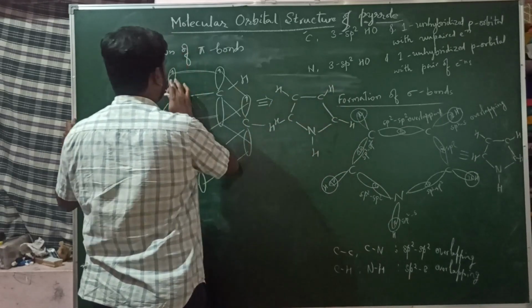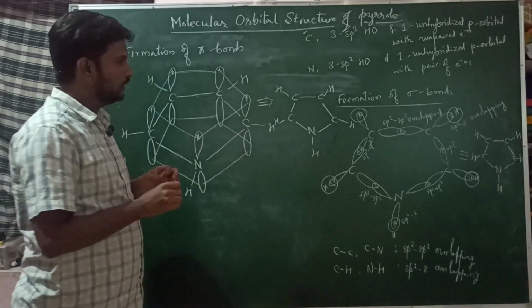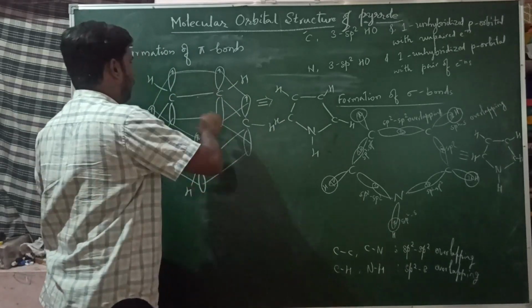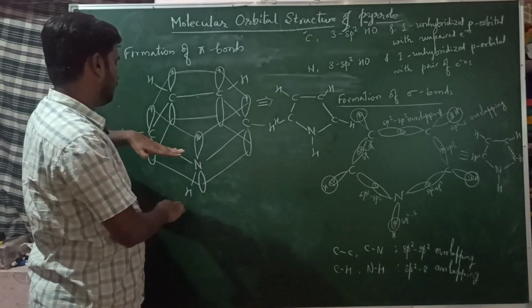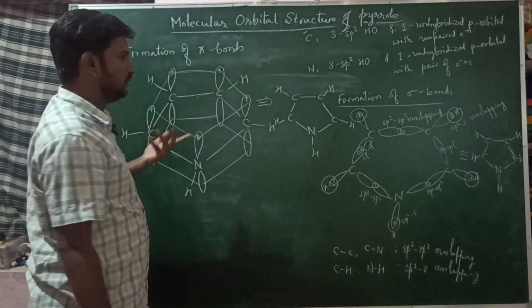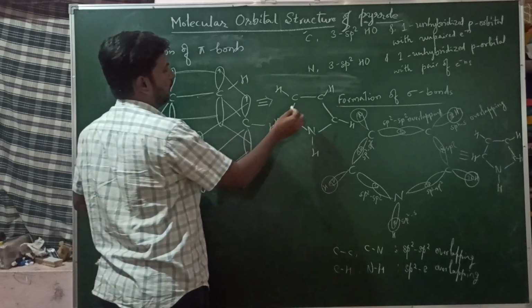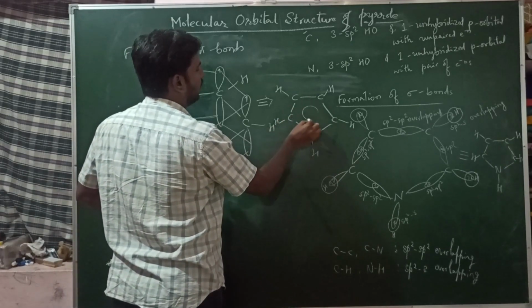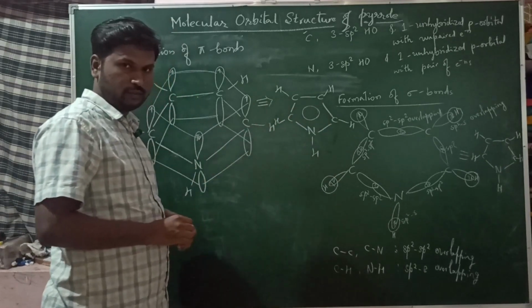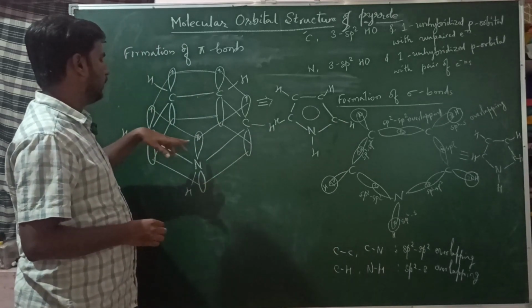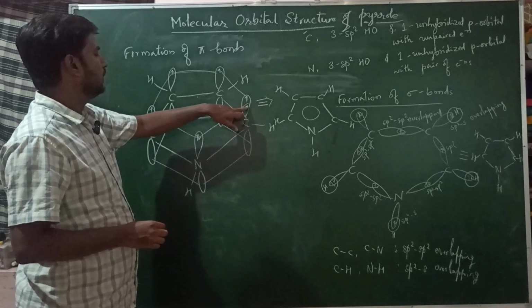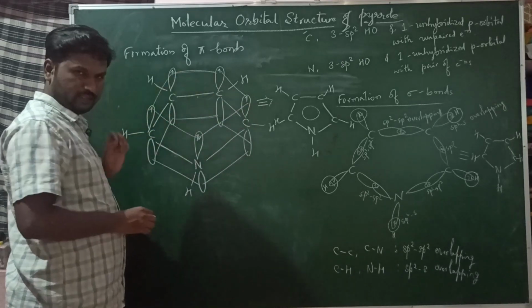And now they are forming a pi cloud actually. So this is like a cloud above the plane of the sigma bonds and also below the sigma bonds. So now it is forming a pi cloud like this. There are totally 6 electrons involved in the pi cloud. Here 2 electrons, third, fourth, fifth, and sixth here.